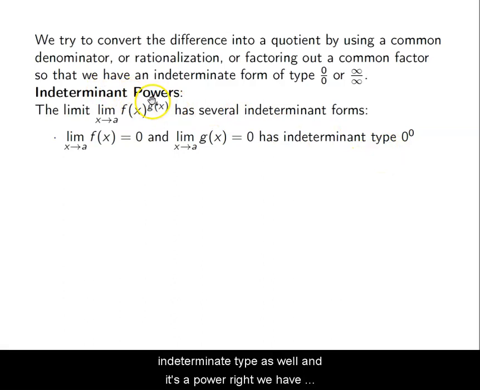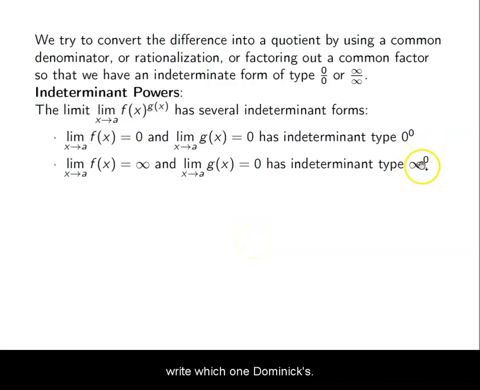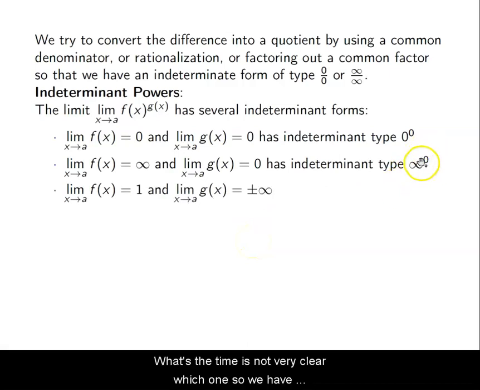And it's a power. We have a function and another function, so this one doesn't make sense. Let's say it's infinity and 0. So the base goes to infinity, but the power goes to 0. So do I go to infinity or do I go to 1? Which one dominates? Most of the time it's not very clear which one, so we have to use L'Hopital's rule.